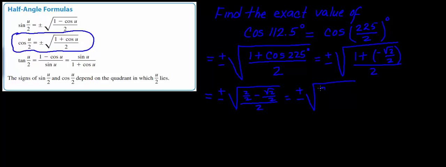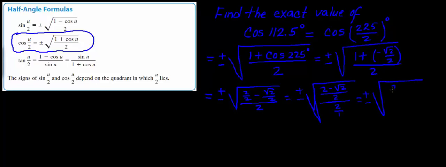The numerator becomes 2 minus square root of 2, over that common denominator of 2, everything over 2. And again, this 2 in the denominator I can write over 1, because any whole number is over 1, and that becomes a division of fractions.